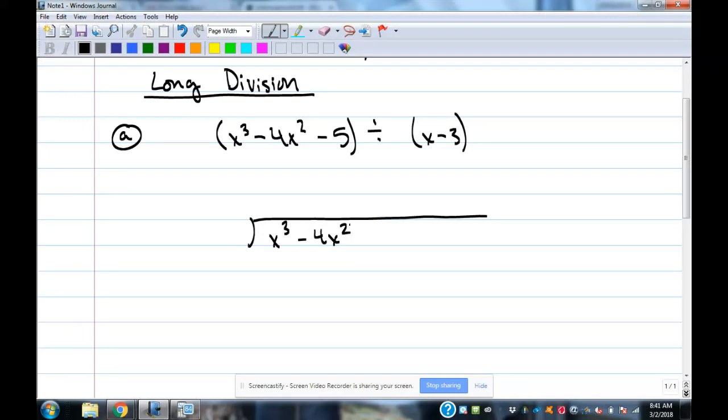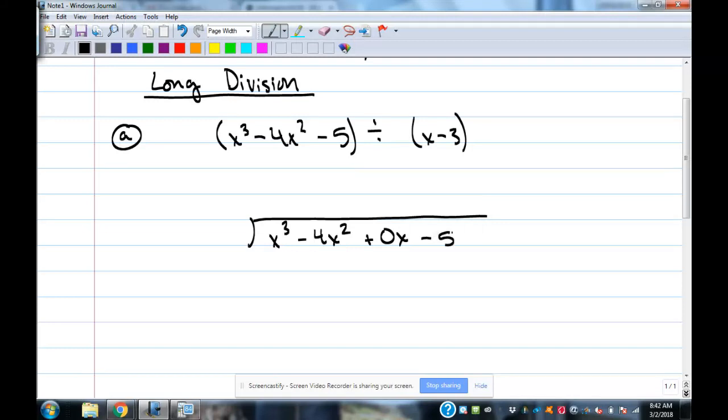When you're doing either long division or synthetic division, if a term is missing, you've got to have a representative from x cubed, x squared, x to the first power, and x to the 0. You've got to have one of each, starting with your highest. If there's not one there, you need to put it in its place. So you can put a 0x in there, because there are none of them. And then you put the minus 5.